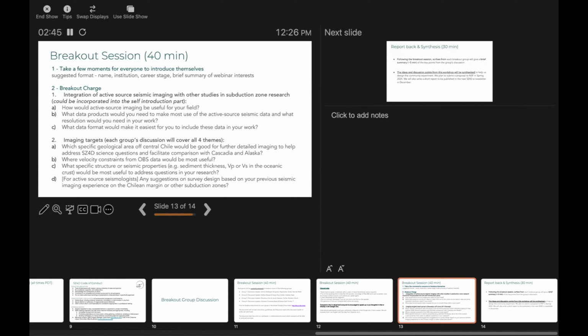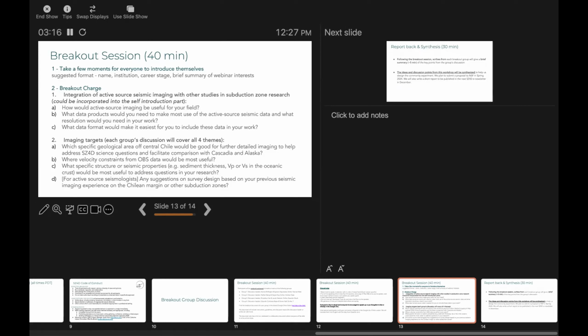So we would like to know which specific geological area of central Chile would be good for future detailed seismic imaging in order to help address SZ4D science questions, and also to facilitate comparison with the two domestic subduction zones, Cascadia and Alaska. And also where would the velocity constraints from OBS data be most useful, because we will only have a few OBS lines.